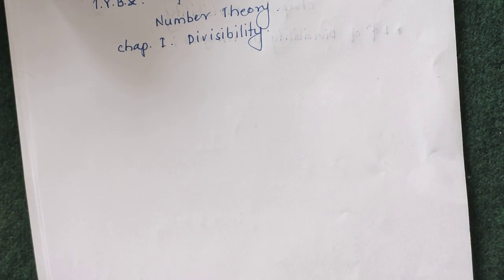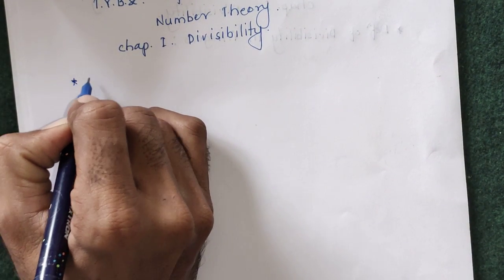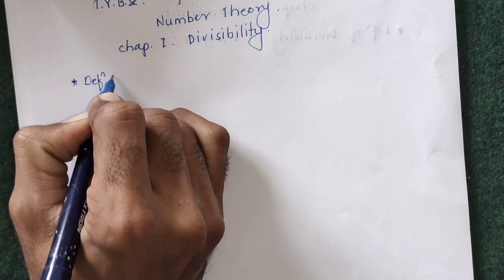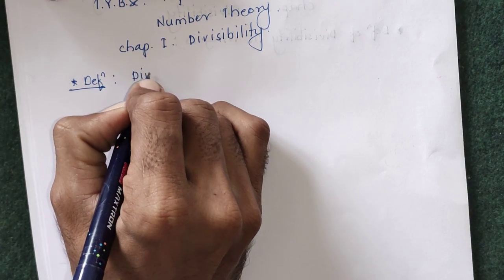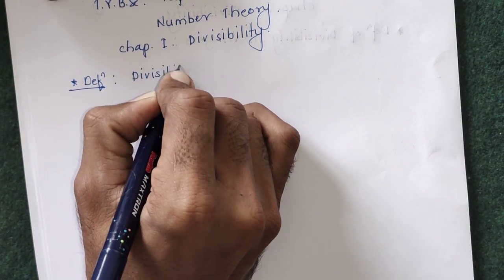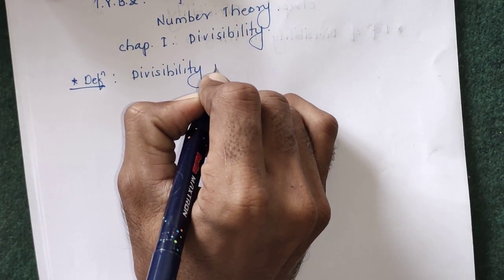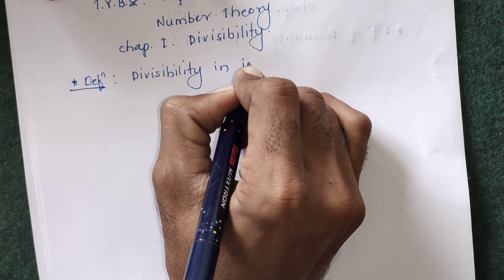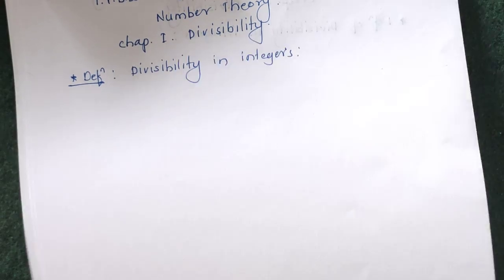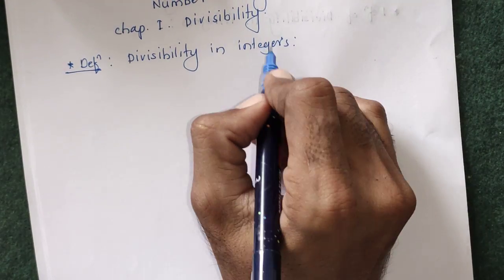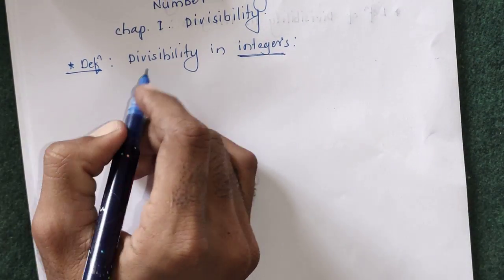First definition. Divisibility in integers. First of all, we must know the set of integers.